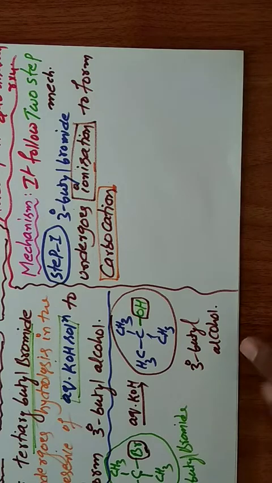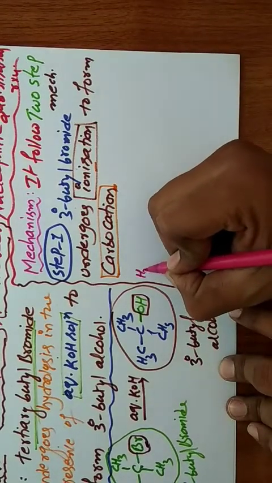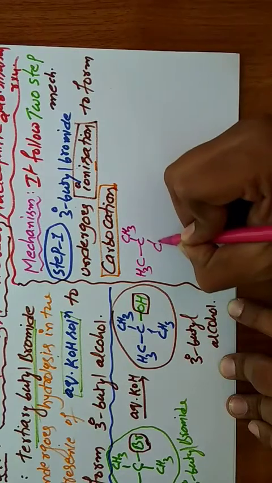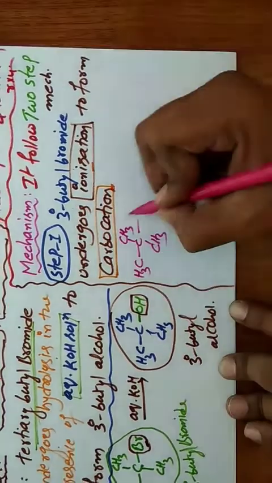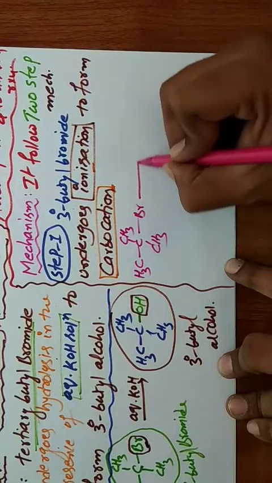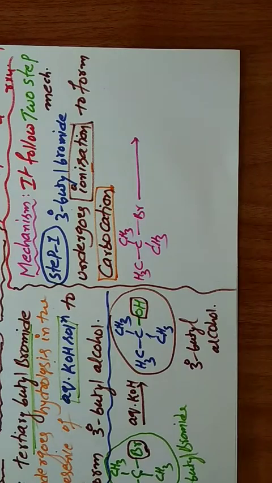So we can get this type of product. Tertiary butyl bromide is involved in what type of reaction? It is involved in ionization.